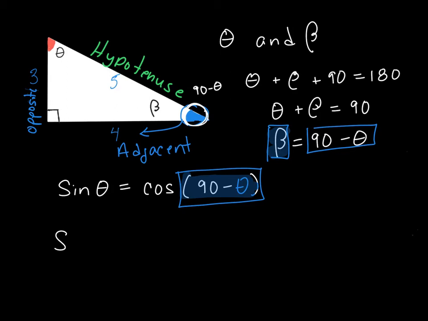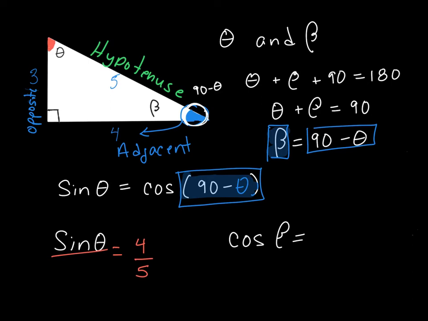If I talk about the sine of theta, and again, remember theta is my red angle up here, the sine is the opposite, which is 4, over the hypotenuse, which is still 5. That is the same thing as the cosine of beta. And for beta, I use the adjacent side.